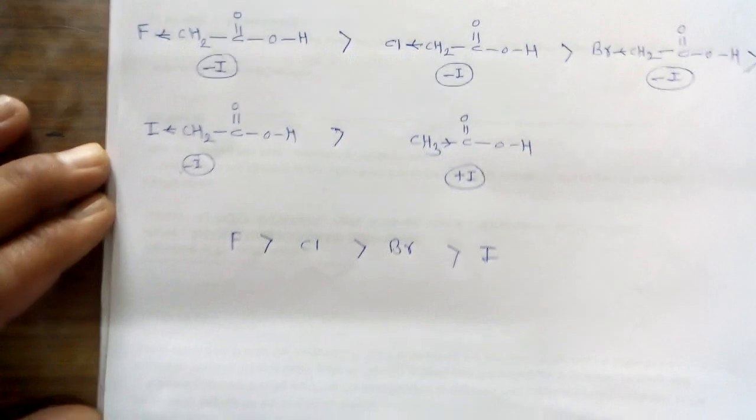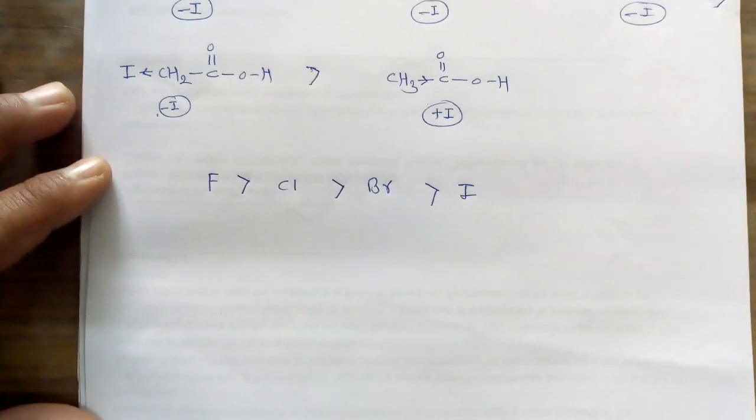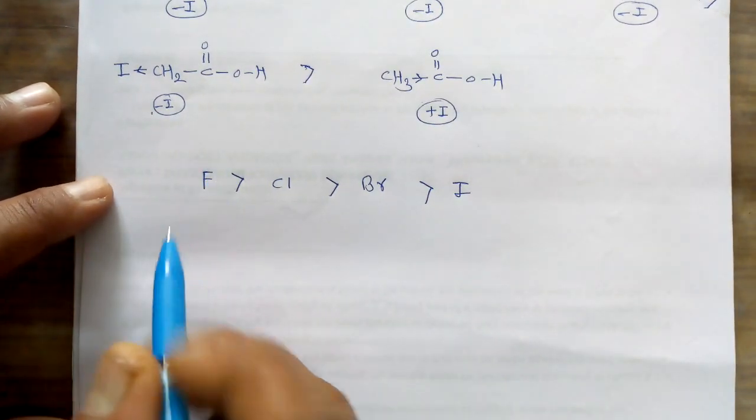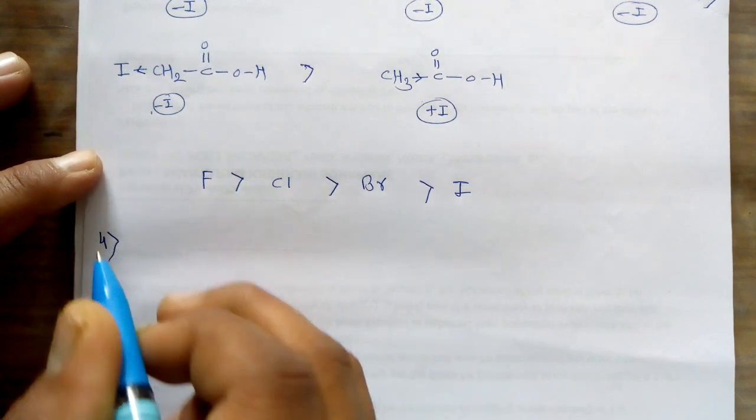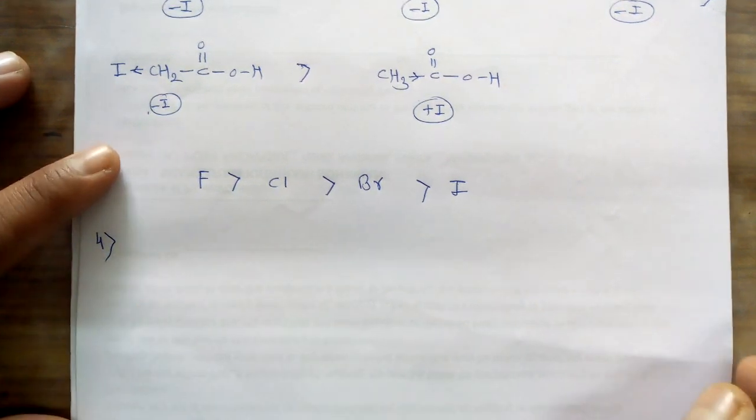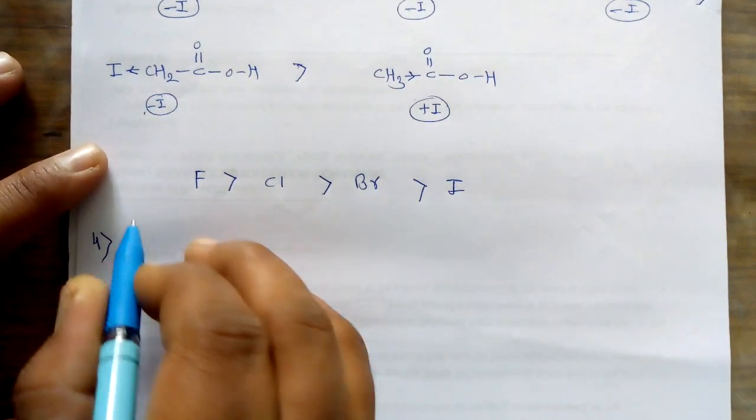Now one more example we are going to take here for the effect of the inductive effect on acidity. So we take here example number 4, that is benzoic acid.